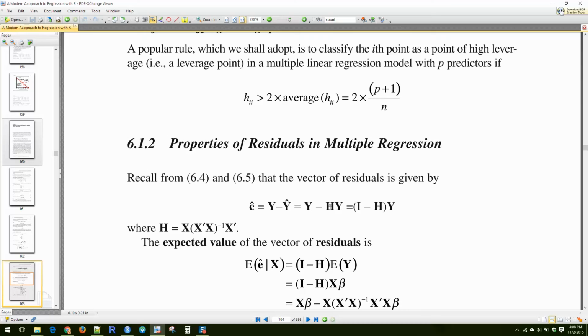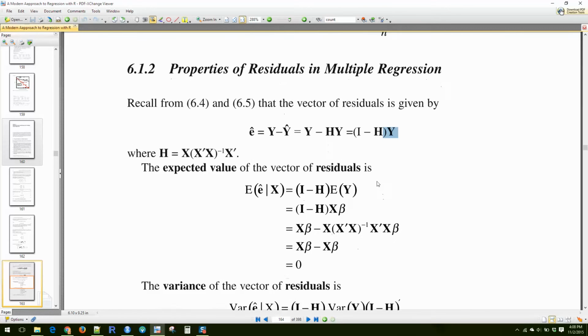So y hat is actually the hat matrix times y. It's kind of funny that you can factor out the hat, but you can. And y is then multiplied by the identity matrix. And so we can think of the residuals as the identity minus the hat matrix times y.